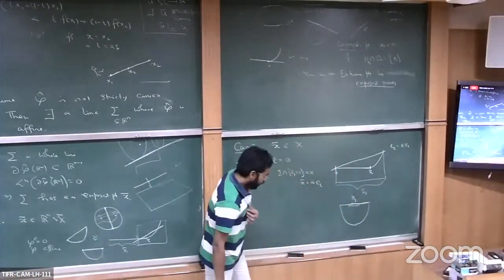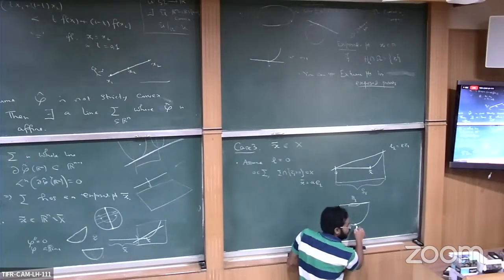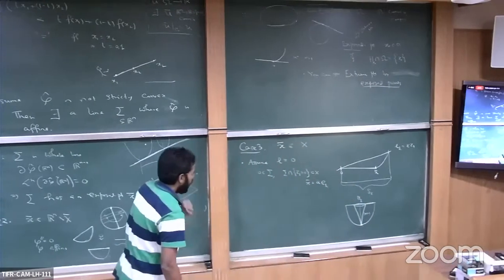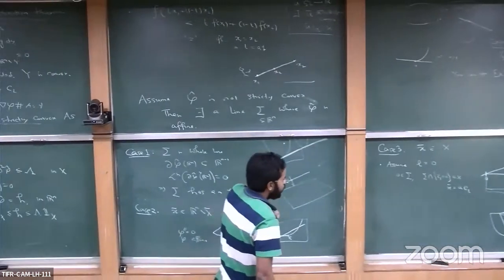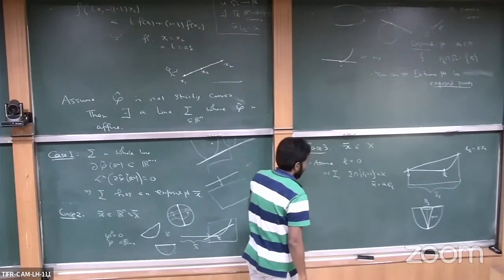Then let us consider the point where it is minimum. Now let us look at the cone here, and this is your QX. So you see this cone.